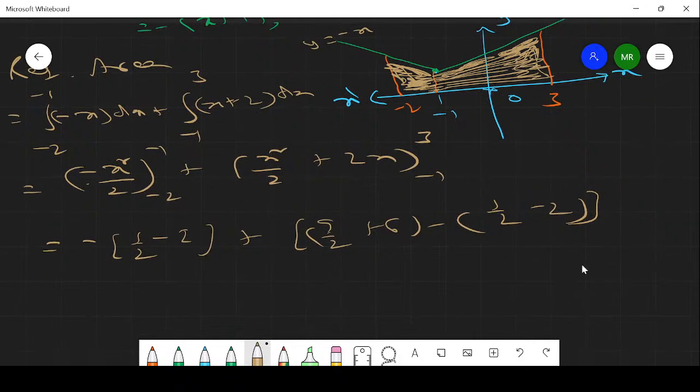The upper limit minus lower limit: 1 by 2 minus 2 will become 3 by 2.